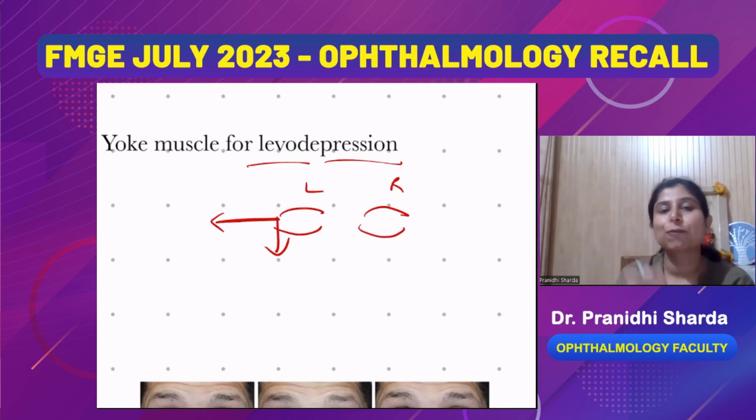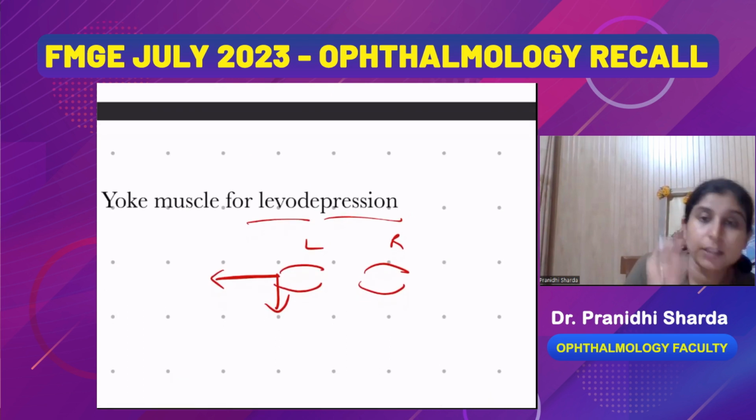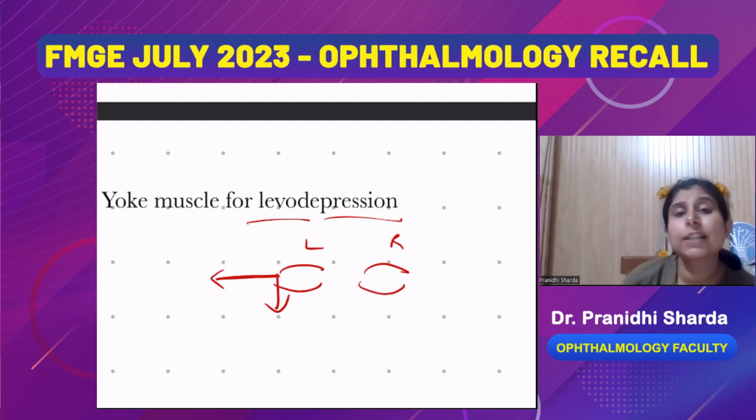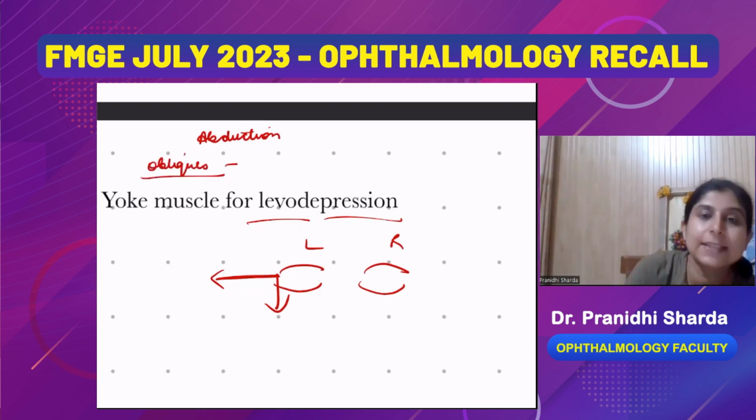For these types of questions, you need to remember the fact which we always discuss: recti are the better elevators and depressors in abduction, and obliques are the better depressors and elevators in adduction.